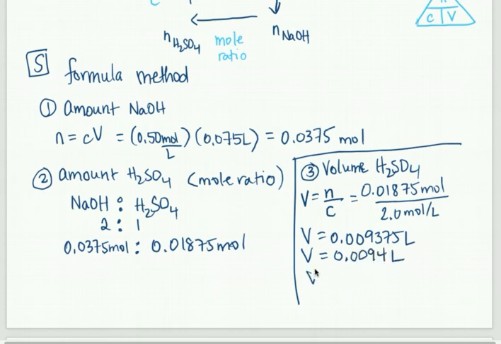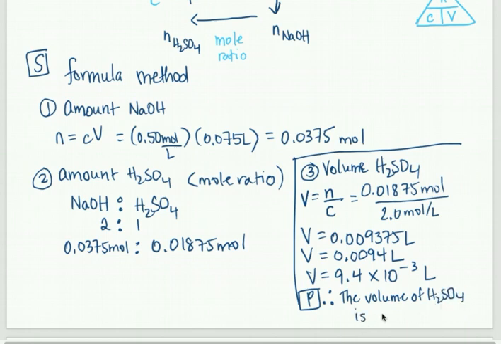Just let's practice everything we learned this year. So you can go 9.4 times 10 to the -3 liters as well, which is acceptable. Here is our final statement: therefore, the volume of sulfuric acid is 9.4 times 10 to the -3 liters.